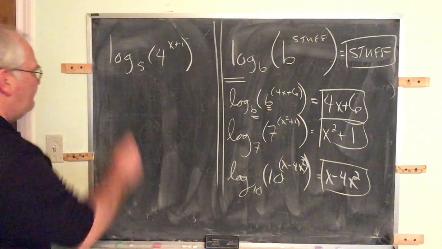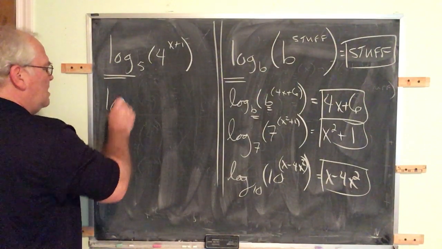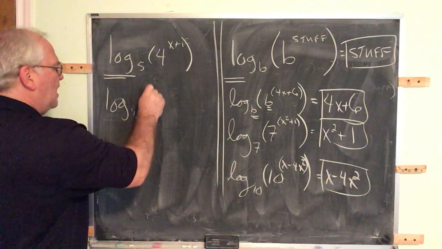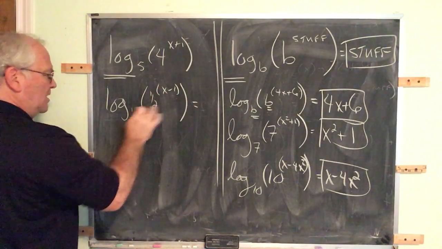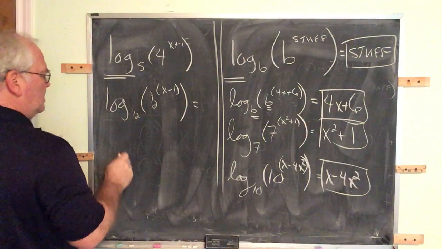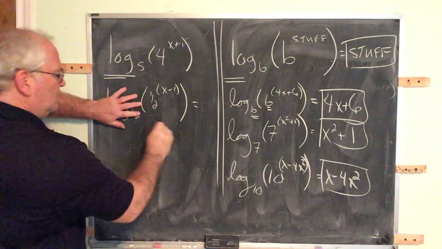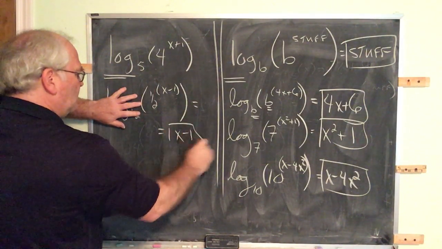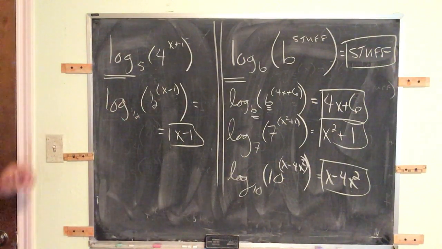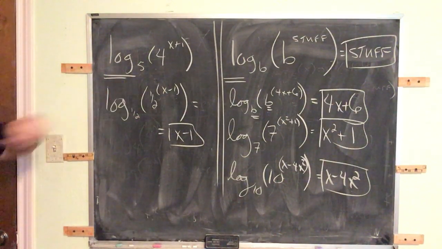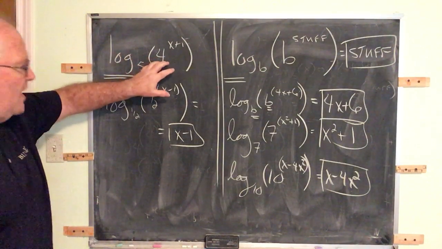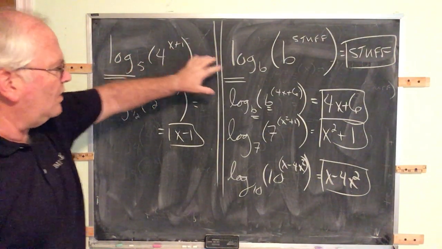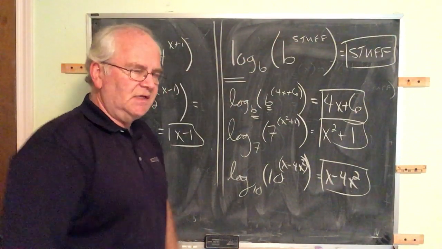The bases can be fractions: log base 1/2 of 1/2 raised to the x minus 1. As long as the bases match, logarithm and exponential cancel, and you're left with x minus 1. So when you apply inverse functions in sequence, they cancel. Log base b of b to the stuff is equal to the stuff.